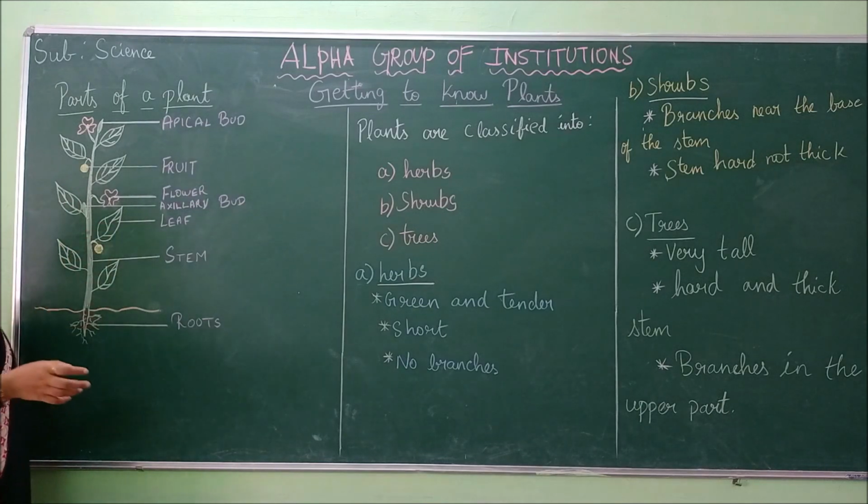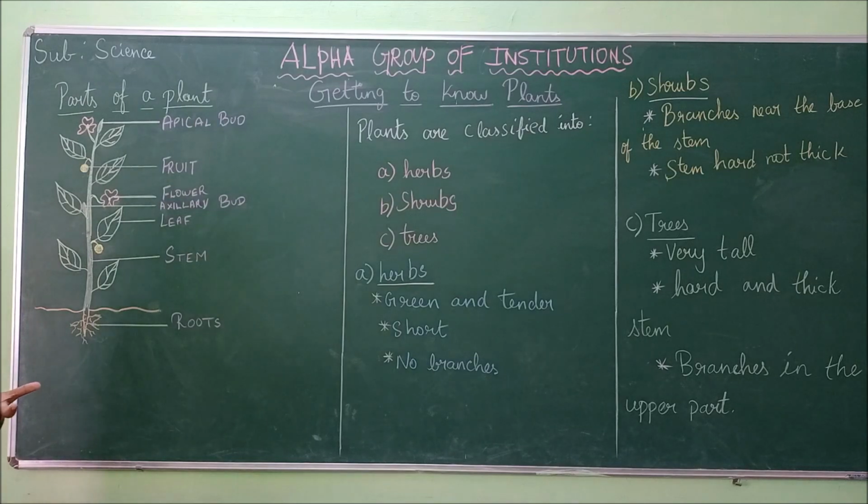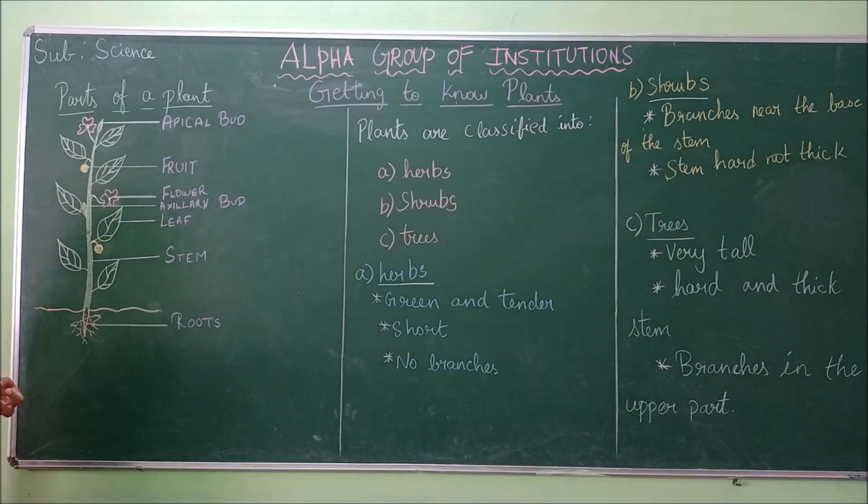Leaf, what do they do? You know photosynthesis. Sunlight will fall on the leaf and the chlorophyll will make food for the plant. That only is the energy for the plant. Then the bud, I already told you, will later on grow into a fruit, then a flower. Then flowers, what will they do?